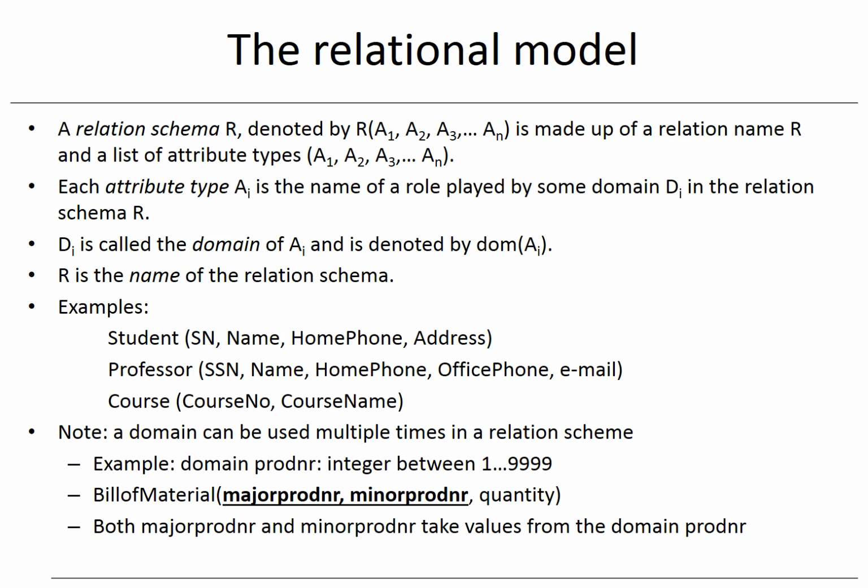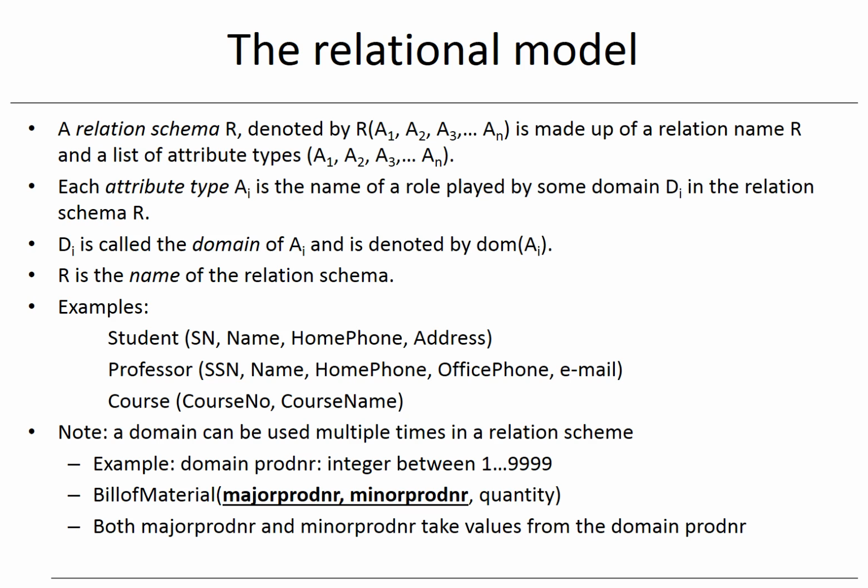A domain can be used multiple times in a definition of a relation scheme. Assume we define a domain prod number representing integer values between 1 and 9,999. Let's say that we want to build a relation bill of material representing which product is made up of which other product in what quantity.